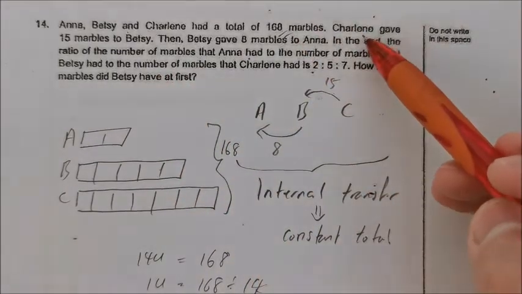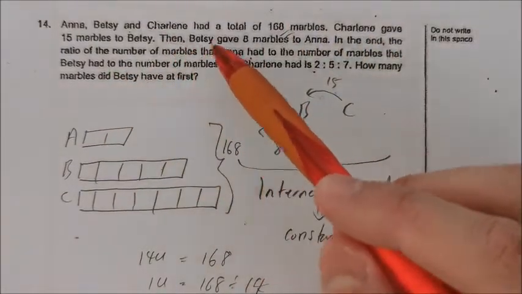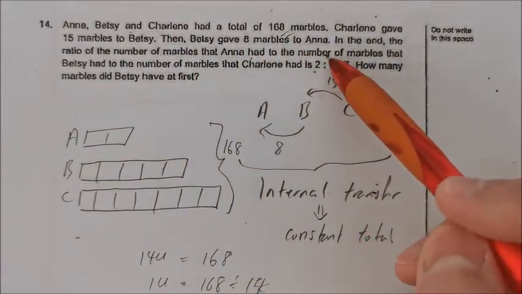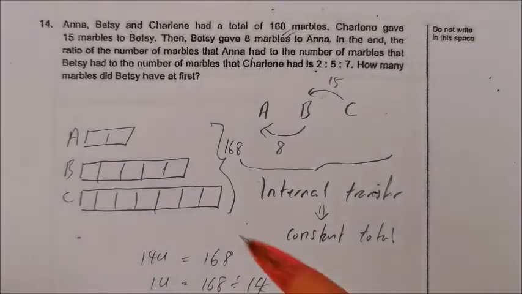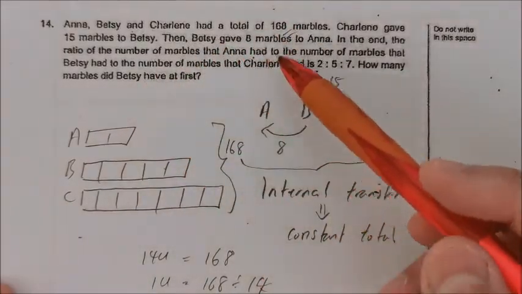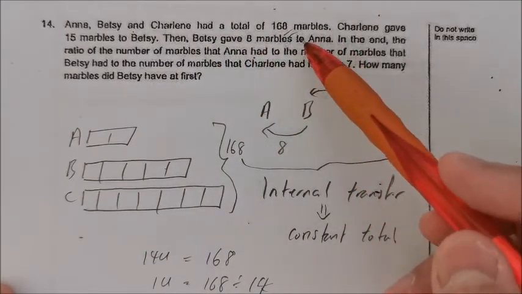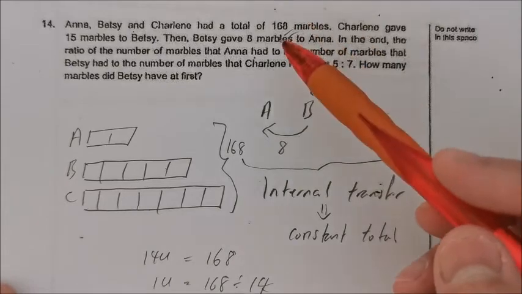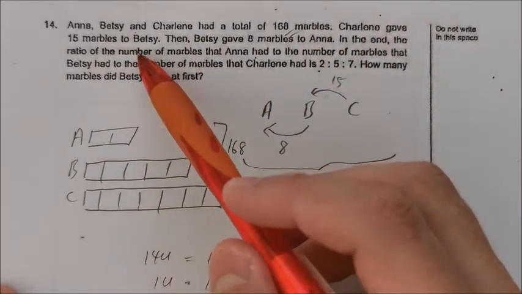So if we look back, what is the thing that happened? Charlene gave 15 to Betsy, then Betsy gave 8 to Anna. So to go from the end to the start, what you need to do is just reverse all the changes. So if Betsy gave 8 away to Anna, take back. So Betsy has to take back 8, plus 8. Okay, and Charlene gave 15 to Betsy, right?